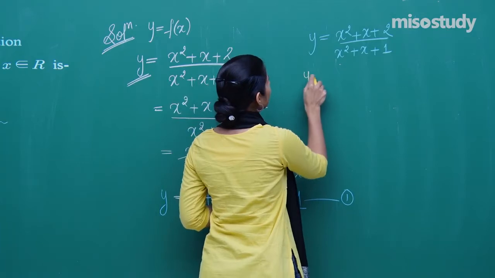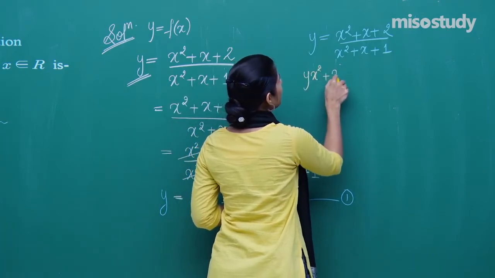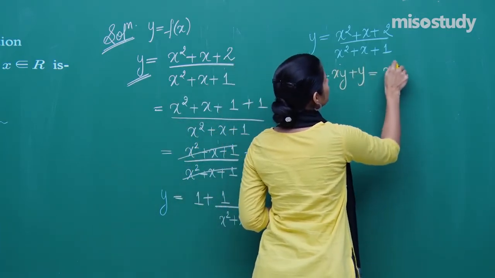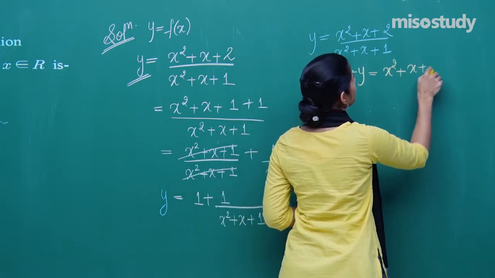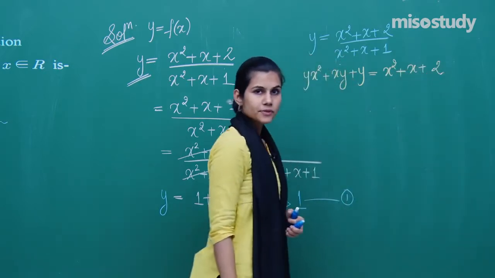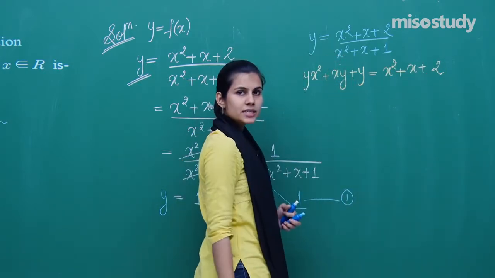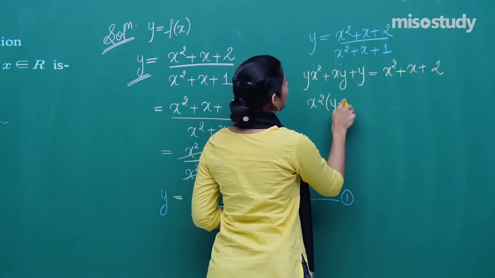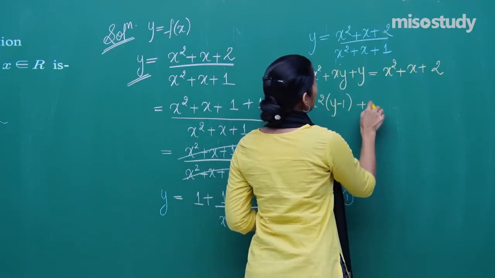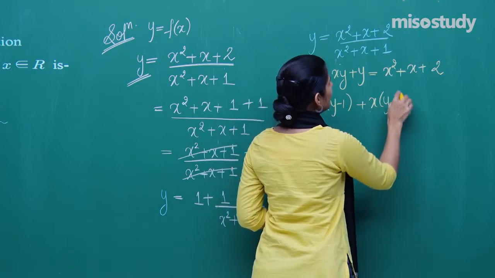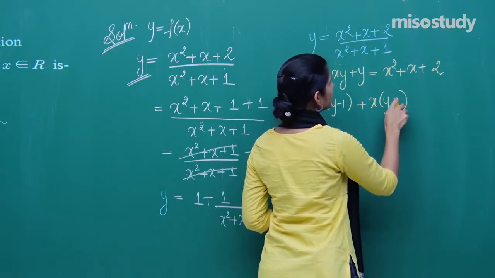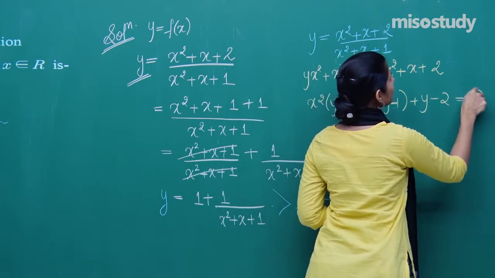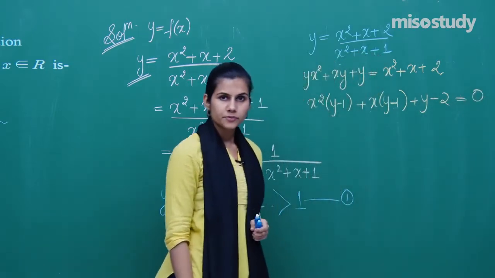You get y(x square) plus y(x plus y) is equal to x square plus x plus 2. Bring the like terms aside, you get x square (y minus 1) plus x (y minus 1) plus (y minus 2) equals 0.